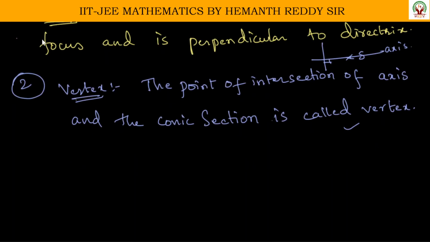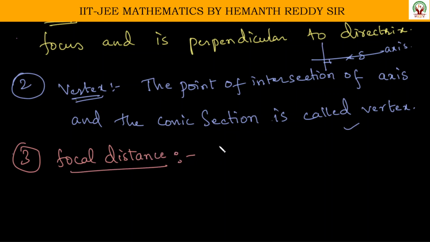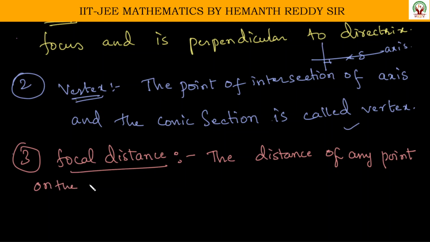Number 3. Focal distance. Point number 3 is focal distance. The distance of any point on the conic from the focus is the focal distance.